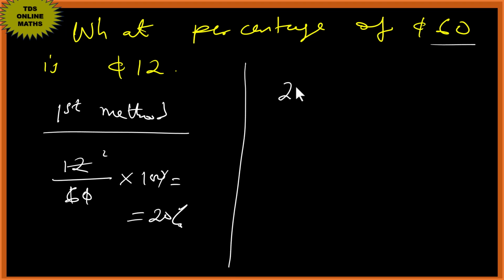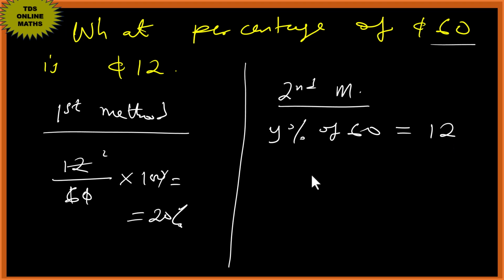Second method. Now, what percentage of 60? Let it be y. So y percent of 60 equals 12. So y on 100 times 60 gives us 12. Once you solve this, the result will be the answer.